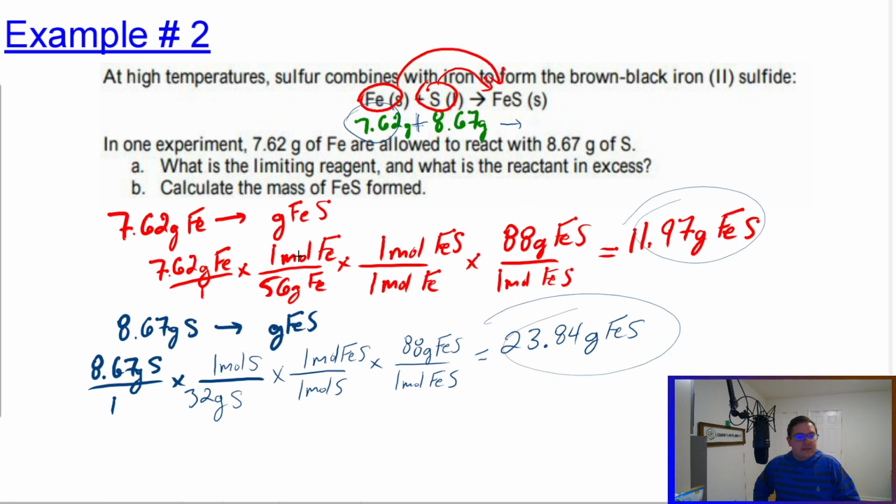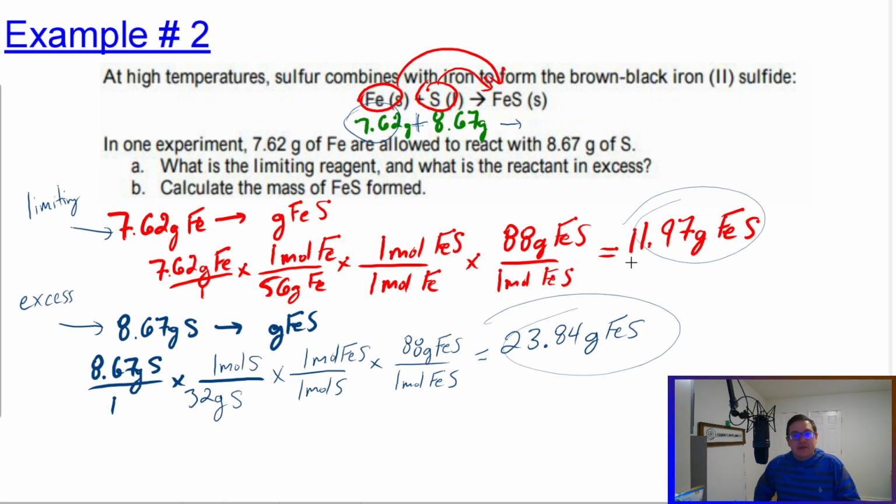So what we can say then is that the iron is your limiting, and the sulfur is your excess. Since theoretically the sulfur made more than the iron did, that's how we know the iron is limiting and the sulfur is excess.